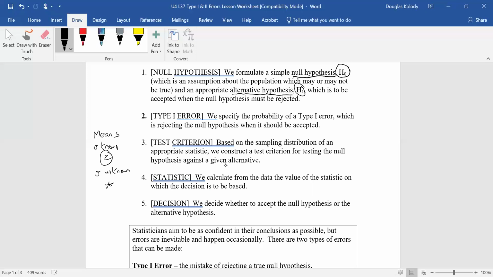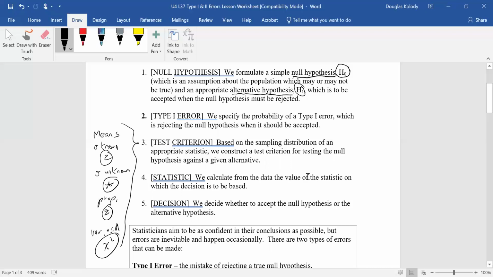That's T. Hey, what if you're testing proportions? That's just Z. What if you're testing variance or standard deviation? Then that's chi squared. We spoke about that yesterday. So that's step 3 right here. Step 3 is just choosing the test criterion.